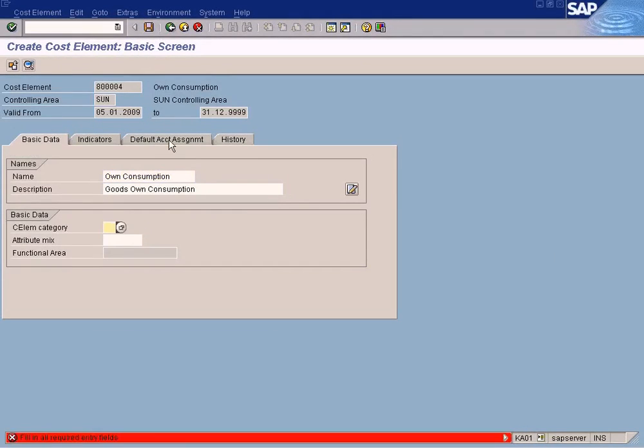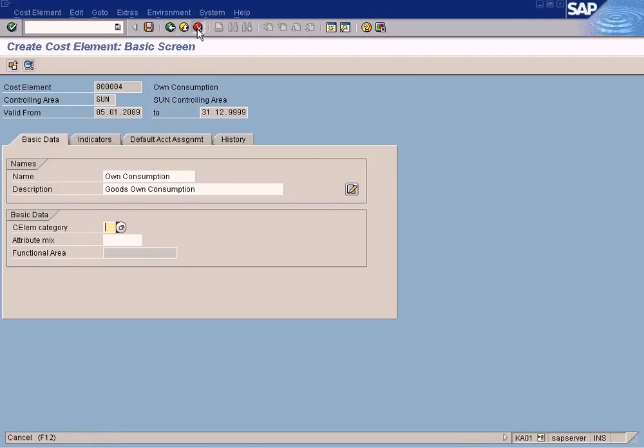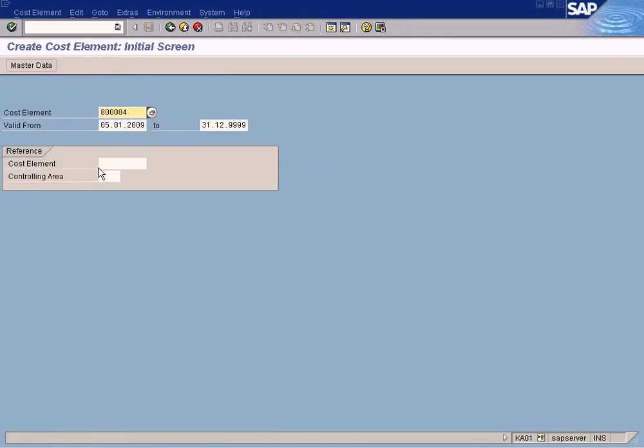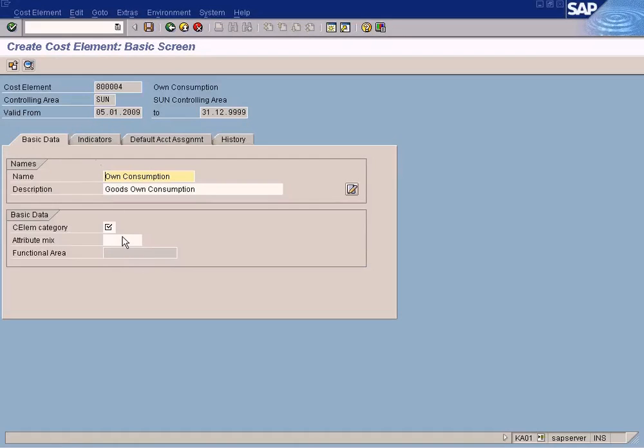Create primary cost element, enter. Okay, I can copy from the existing one, this one. I don't have to enter any controlling area.